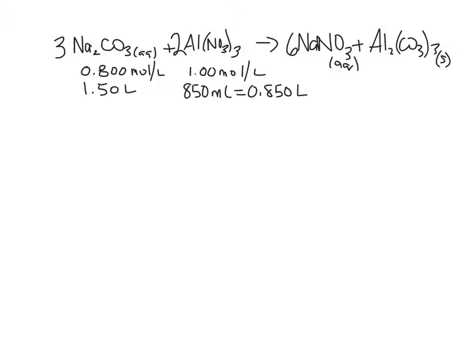So we want to know the mass produced of this, so we need to find the molar mass of that as well. And that is 233.99 grams per mole. So this is a question just like we did before.